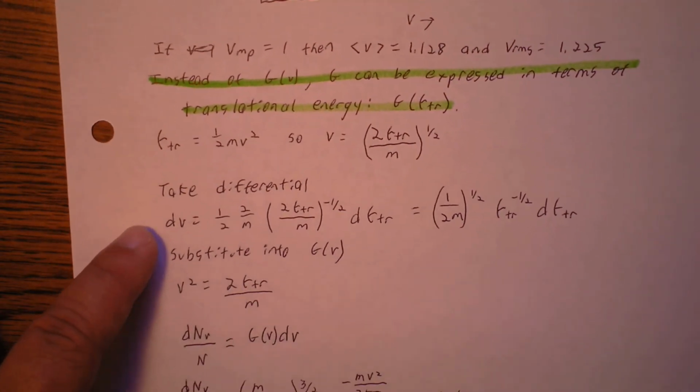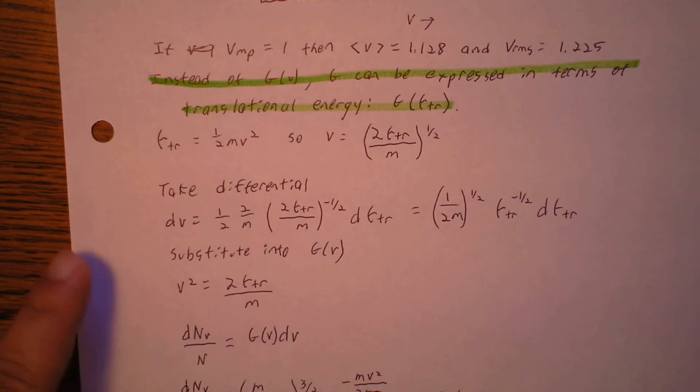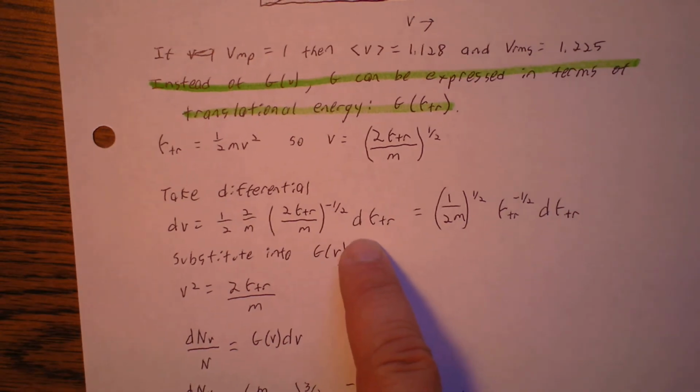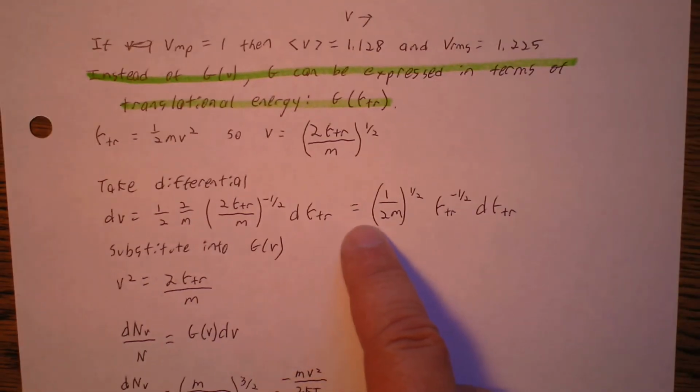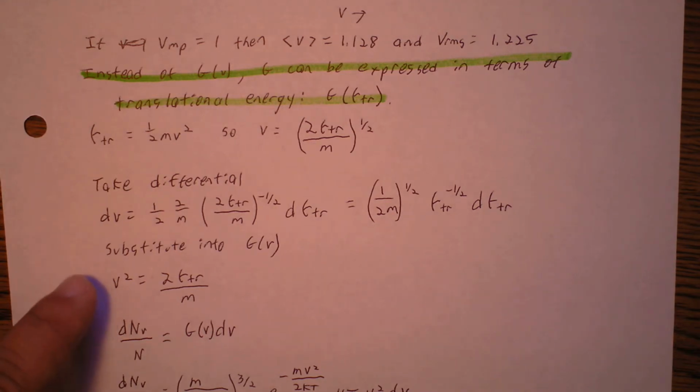So we have this differential form. dv is equal to 1/2 times 2 over m times 2 energy of translation divided by molar mass to the 1/2 power, minus 1/2 power, times the differential of the energy of translation, which becomes 1 over 2m to the 1/2 power times energy of translation to the minus 1/2 power, differential of energy of translation, just simplifying.